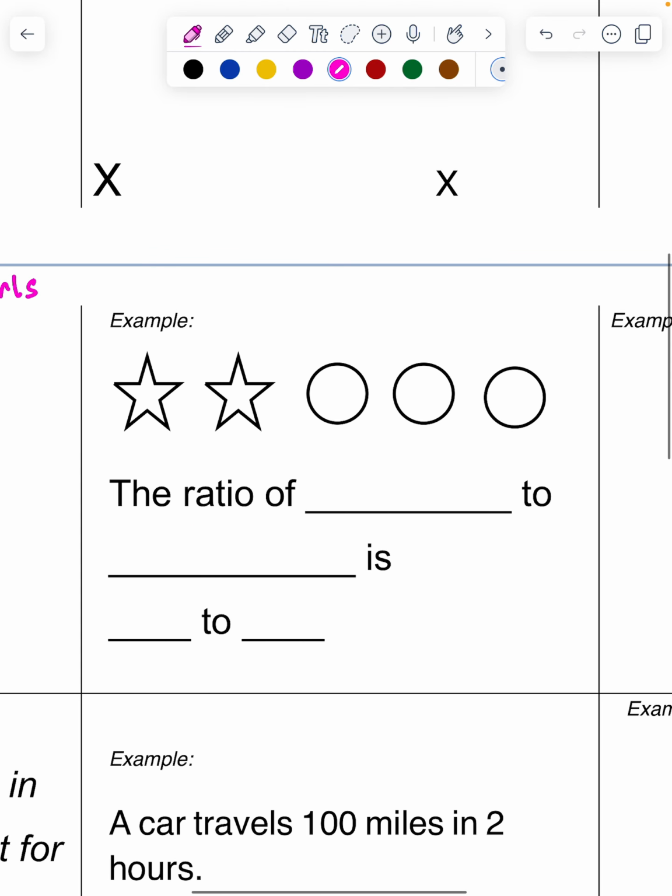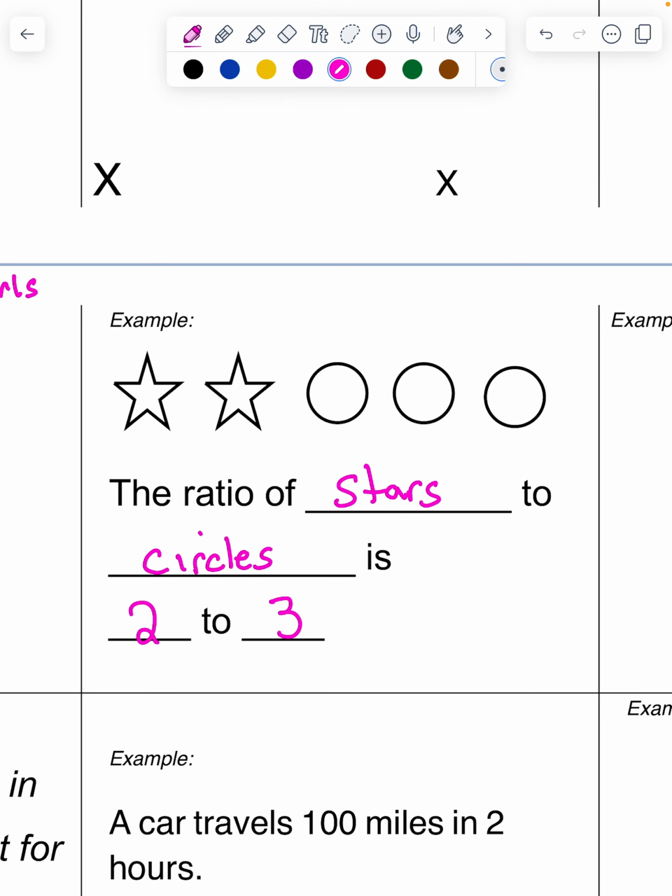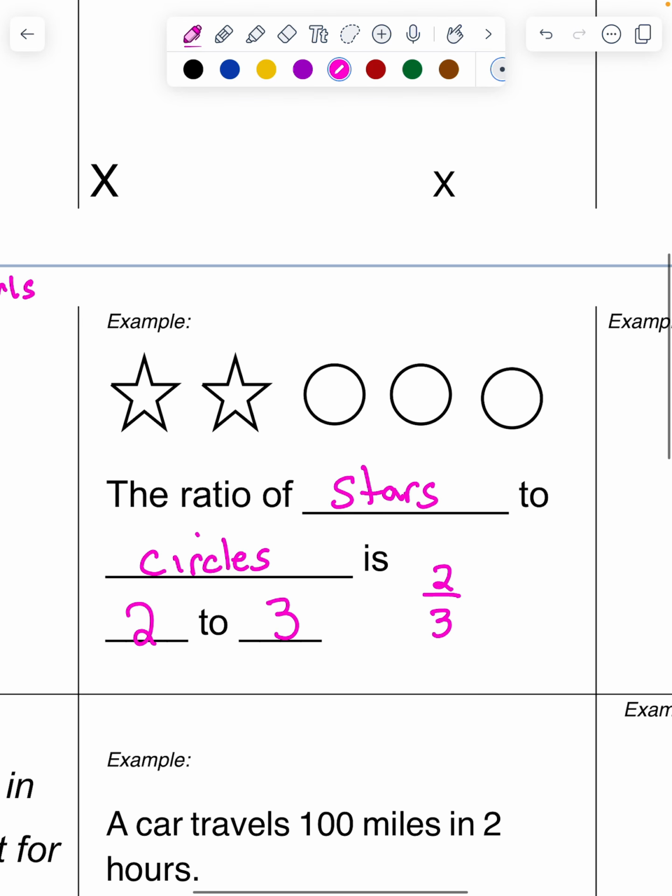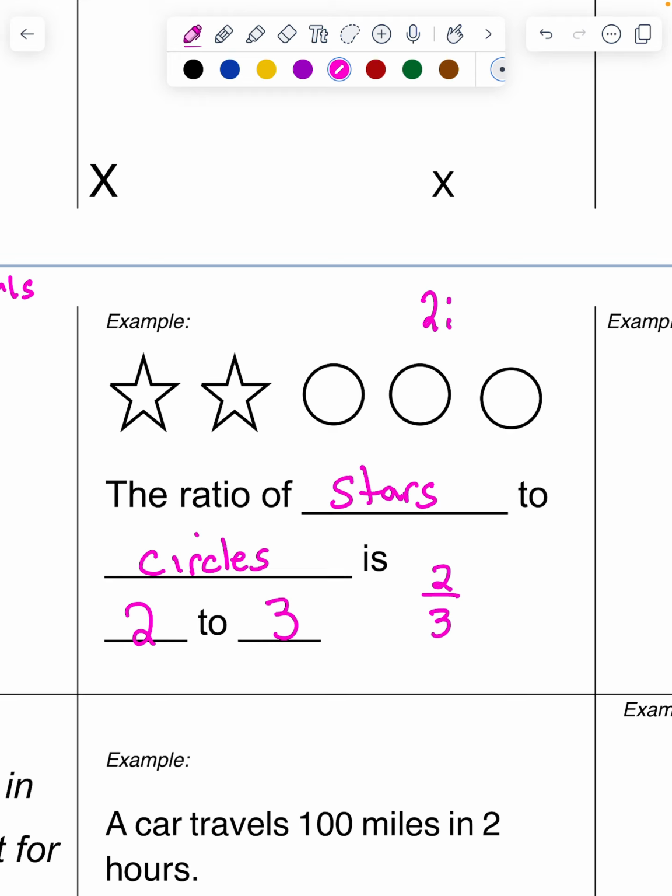Here's an example. The ratio of stars to circles is 2 to 3. It is also 2 to 3 in the other forms.